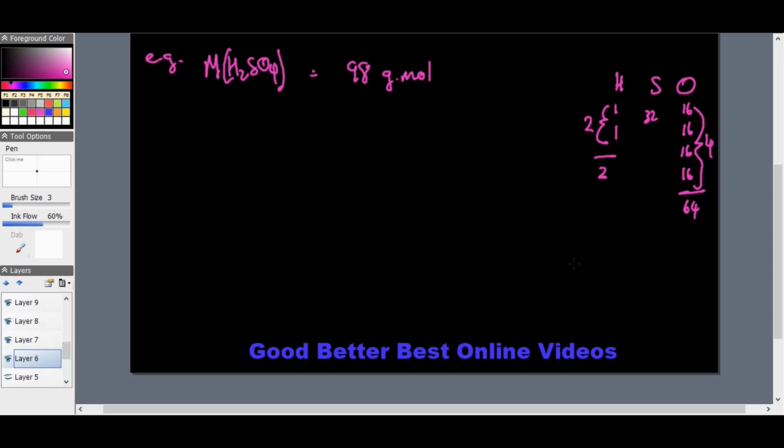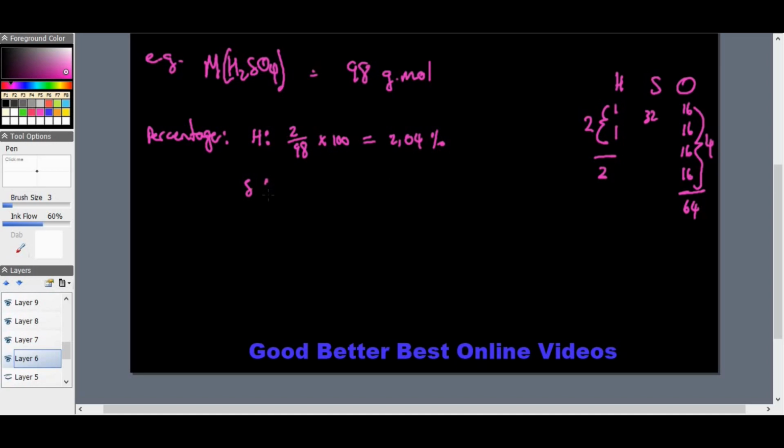Now, if we want to take our percentage composition, for hydrogen we have 2 divided by 98 multiplied by 100, which will give you about 2.04%.